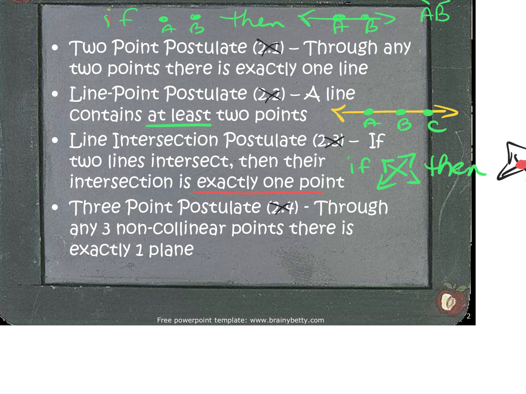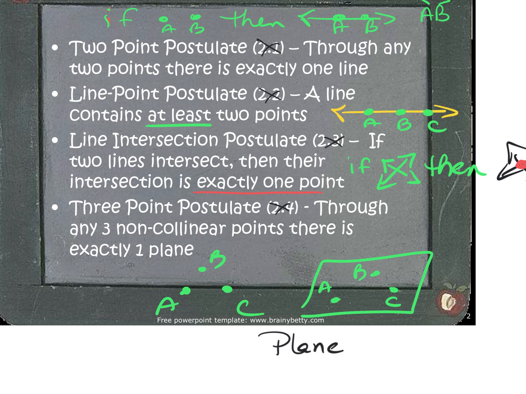So if I draw 3 points, and they're all not on the same straight line, they're non-collinear, we can also put those 3 points in this plane, and we could name the plane. So we could call this plane ABC. So through any 3 non-collinear points, there is exactly one plane. So that would be your final picture there.